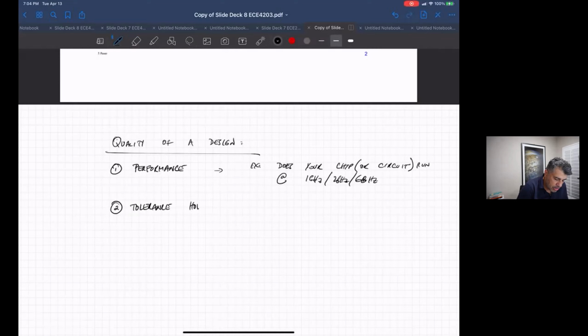So for example, in our class, we talked about noise margins in our circuits. We'll talk about a bunch of other things about that.